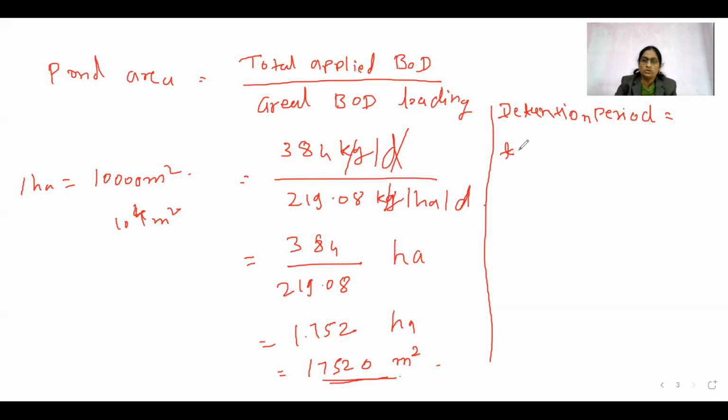T is equal to 1 upon PT, right? 1 upon PT log to the base 10 into bracket LA upon LA minus LR. Is that right? Or otherwise I will write 1 upon PT into log to the base 10 into bracket LA upon LE.